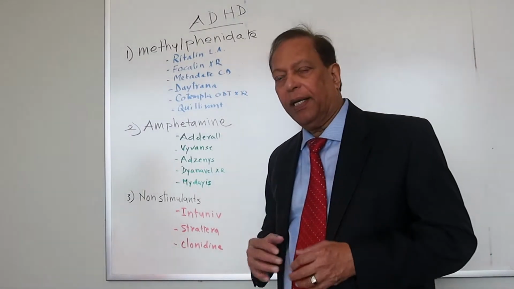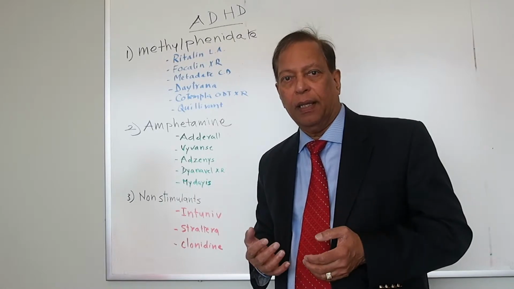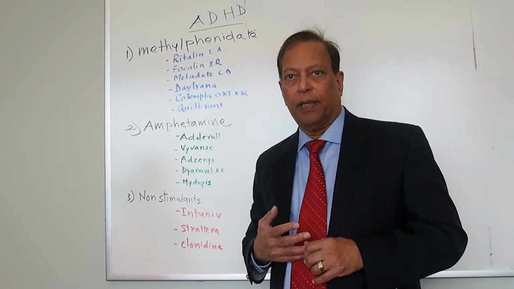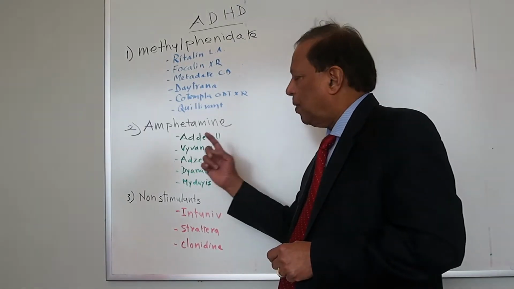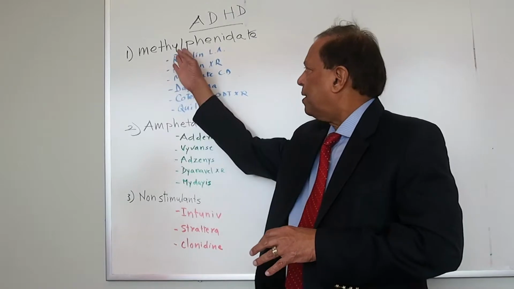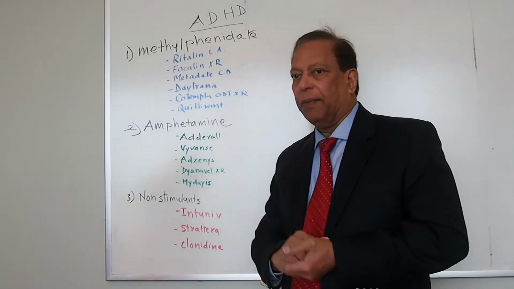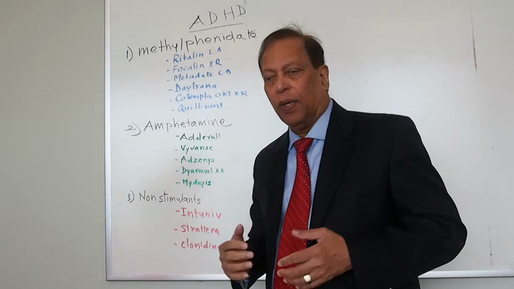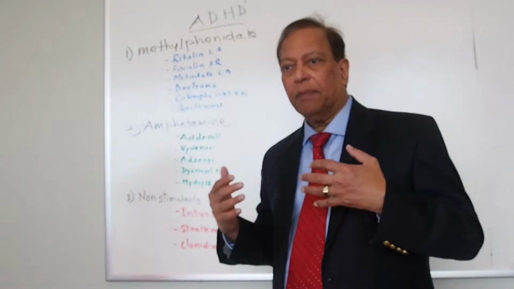These two medications do the same thing: increase the level of dopamine and increase the level of norepinephrine. And the duration is 12 hours for both of them, and they work quite well. So if you feel that your child is not responding to one of them, then the medication can be transferred to some other drug. However, these stimulants have some side effects.